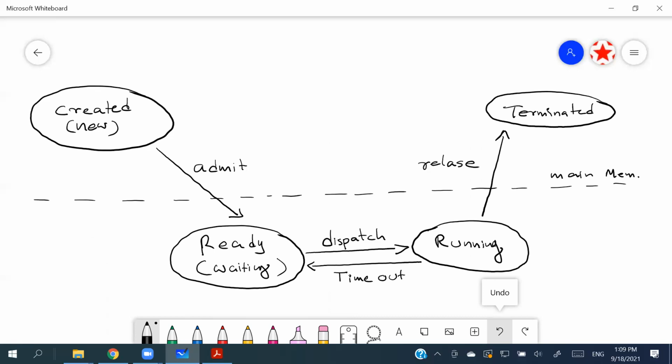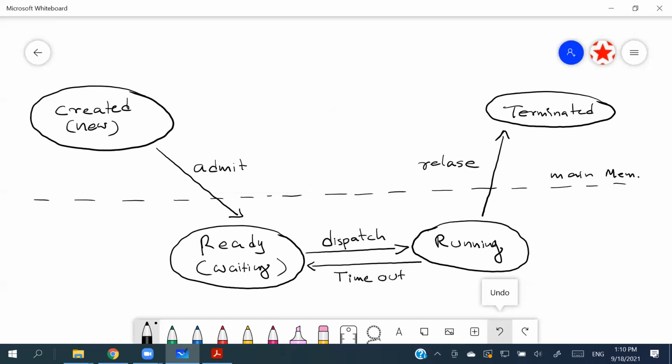So this is the normal flow that should happen to a process when it comes to running. It will be created and it will wait until it's given the chance to run, then it will run. Once it is done, it will be released, and it will have a state called terminated.